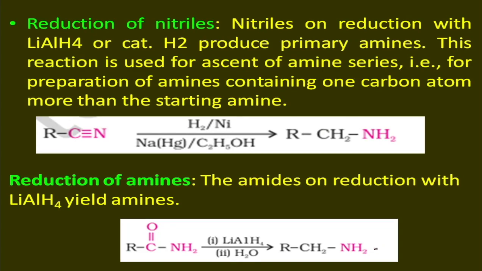Number 2, reduction of nitriles. Nitriles are reduced using lithium aluminum hydride or catalytic hydrogenation to give primary amine. This reaction is used for ascent of amine series, that is, preparation of an amine containing one carbon atom more than the starting amine.